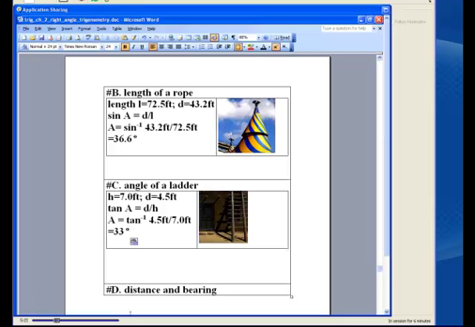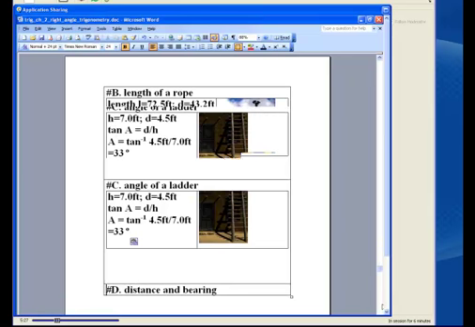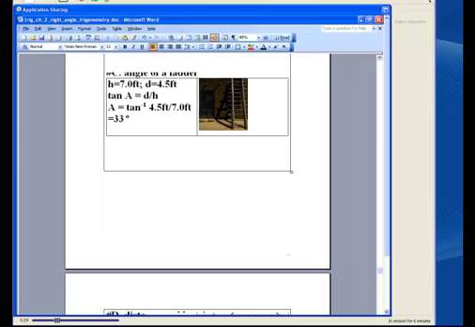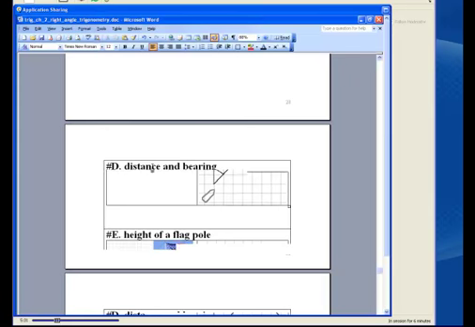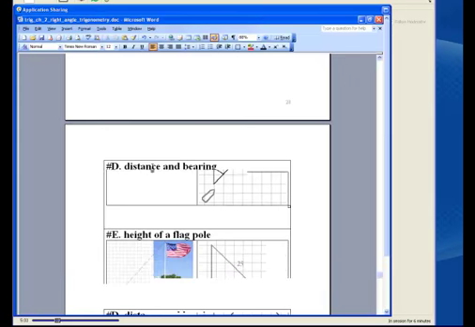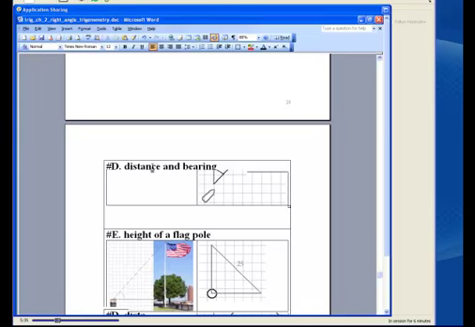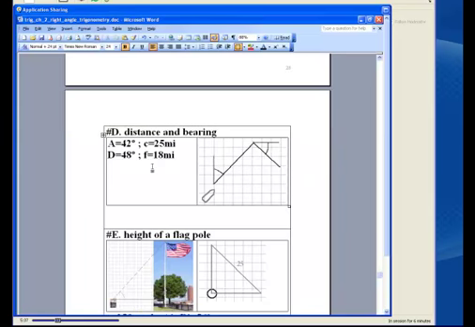Okay, next exercise, distance and bearing. Okay, it's going to be interesting here. It says, a boat leaves the harbor entrance and travels 25 miles in the direction north 42 degrees east of north.